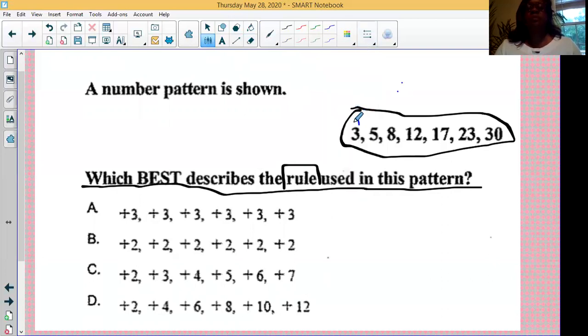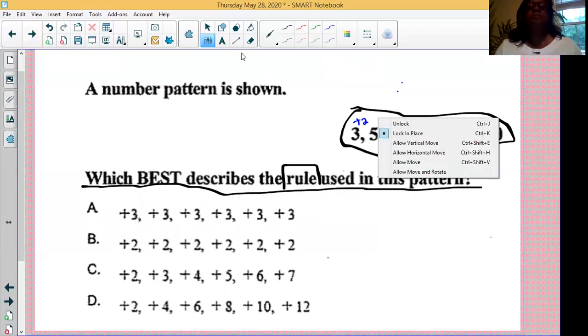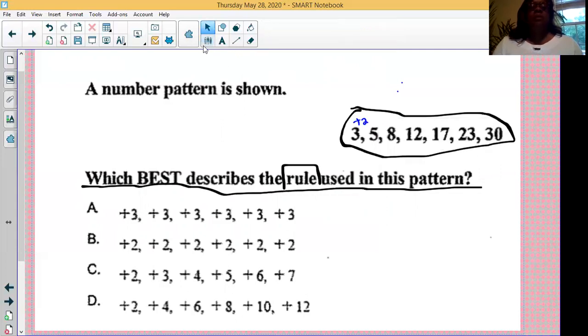So that I can do in my head. All right, what about 5 to 8? If I go from 5 to 8, we already said it's going to be an increase, so it's going to be plus something. So how much more is 8 than 5? So 8 minus 5, we know is a plus what? You're exactly right. That would be a plus 3.